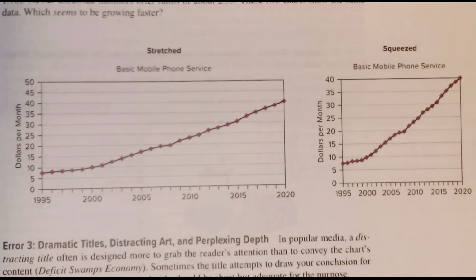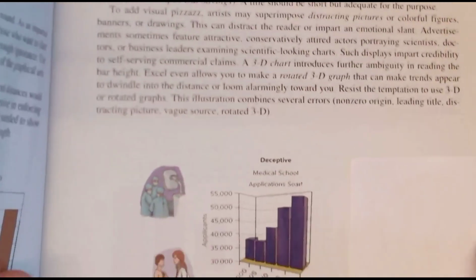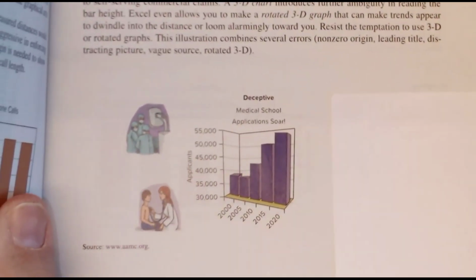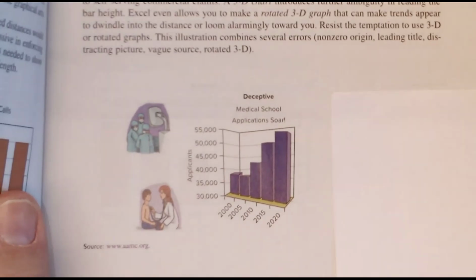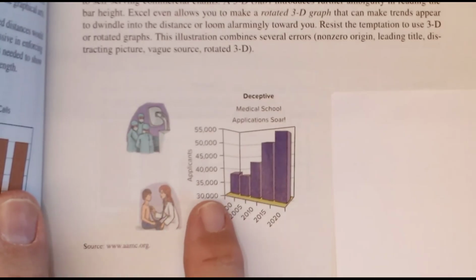Med school applications, right? We talked about med school applications a couple moments ago. I hate this picture. The white hot passion of 1,000 suns. First of all, why is it 3D?